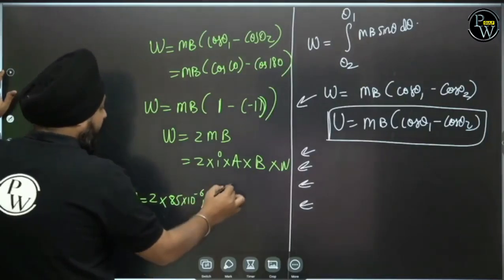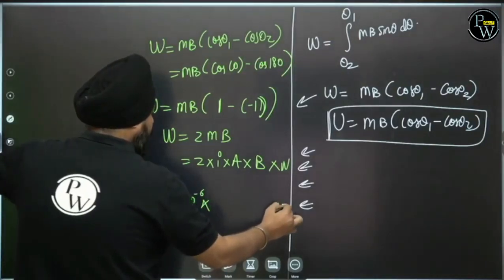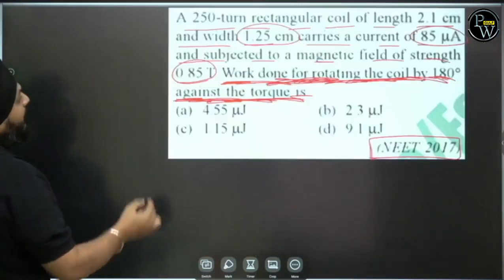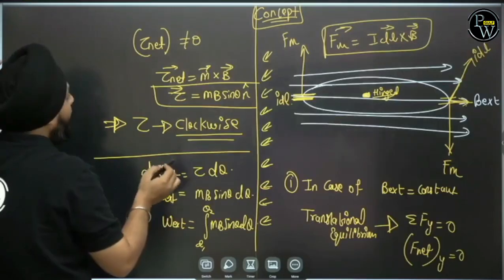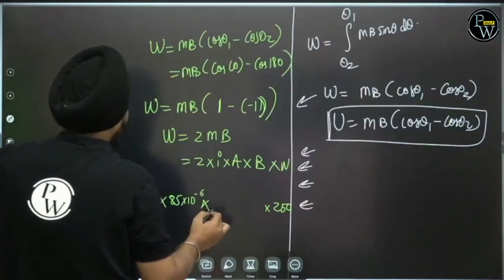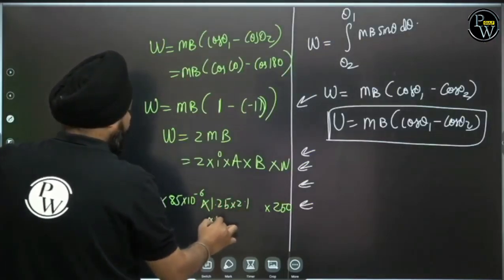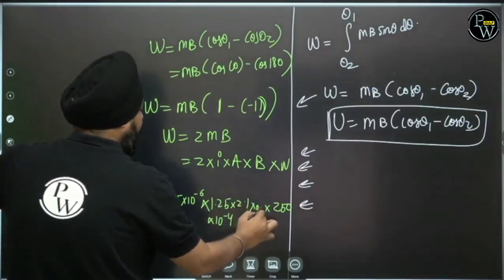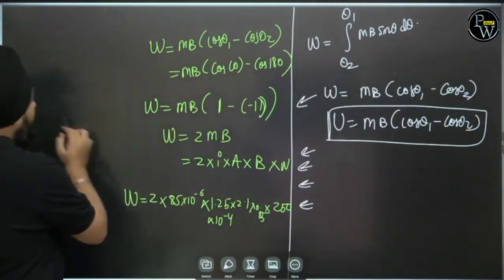The number of turns is 250. Area is 1.25 into 2.1 into 10 to the power minus 4, and the magnetic field is 0.85 tesla.